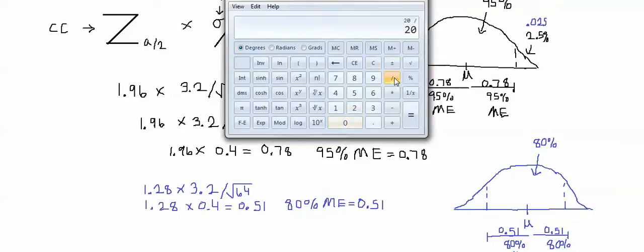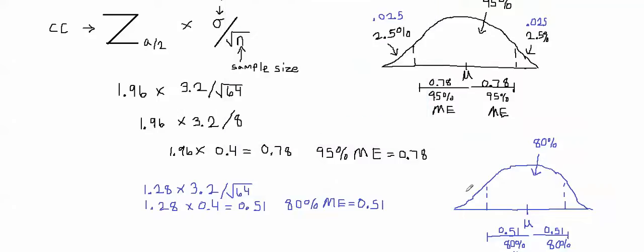So 20 divided by 2 is 10. So 10% of the possible samples are in this area, and 10% of the possible samples are in this area.